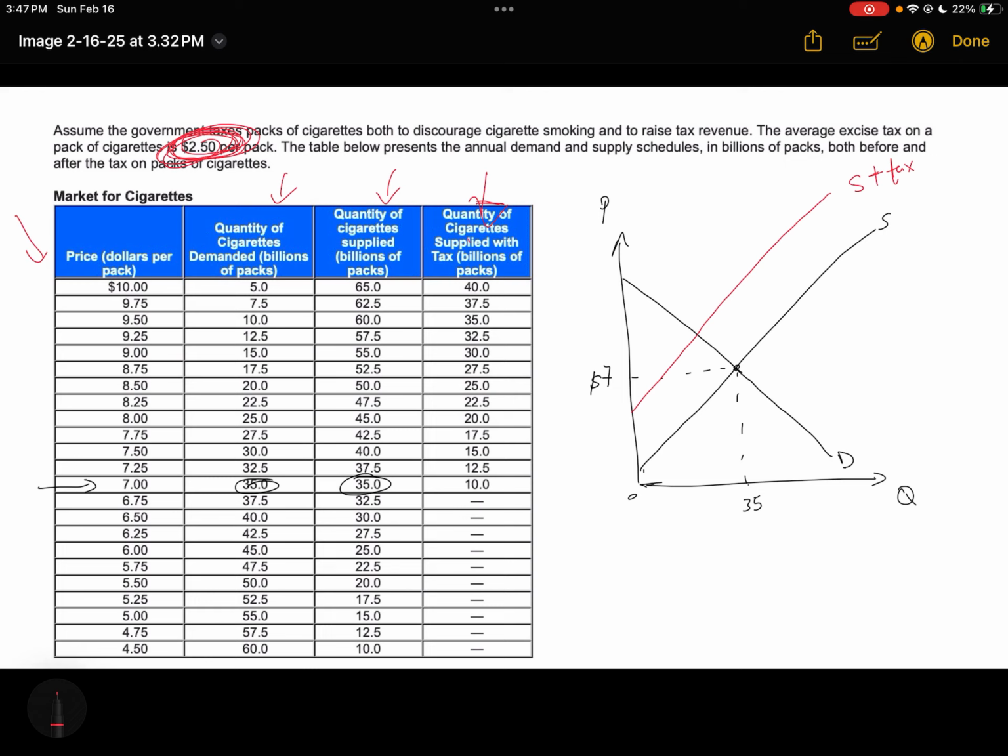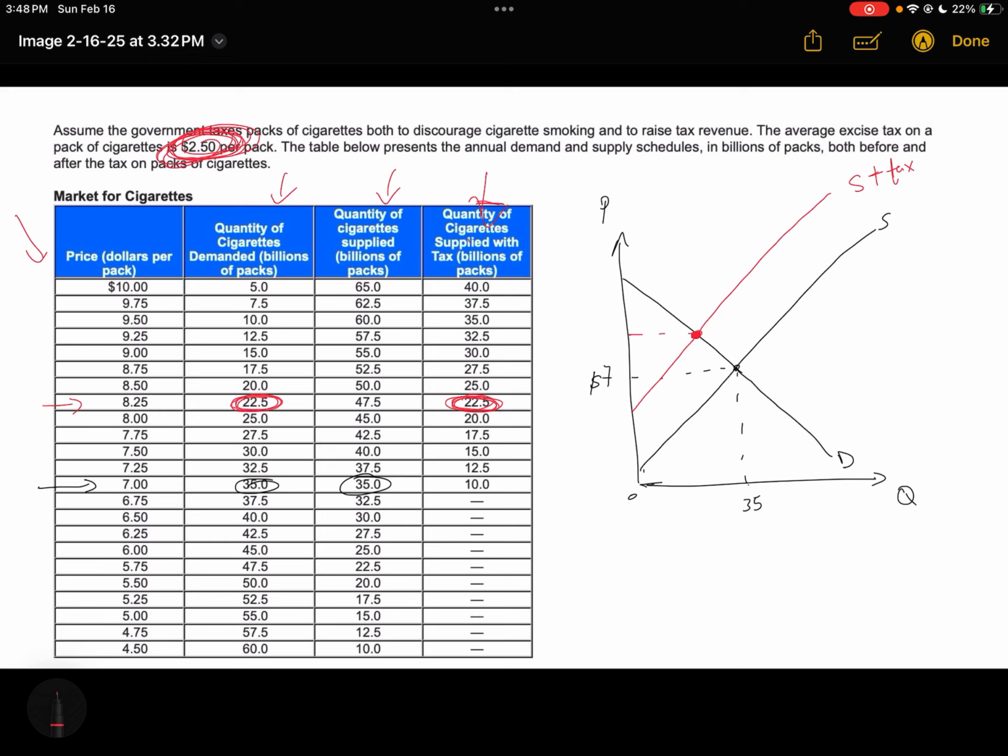We need to find the new equilibrium point between the new supply curve, this changed supply curve, and the demand curve. And so where is that? I know that is somewhere at 8.25. So this is the demand curve. This is the new changed supply curve, right?